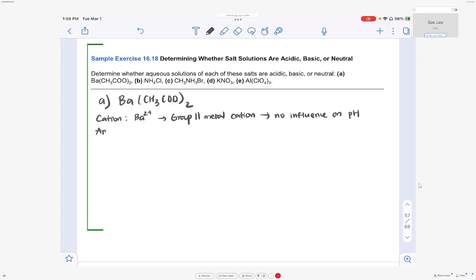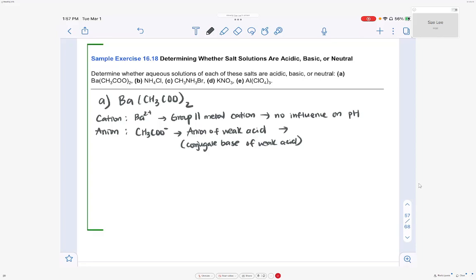What do you have for the anion? You have acetate for the anion. This anion is an anion of weak acid, right? Anion of weak acid, or in other words, this is a conjugate base of weak acid.